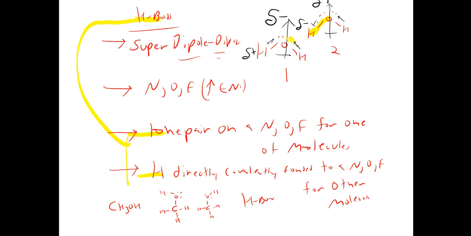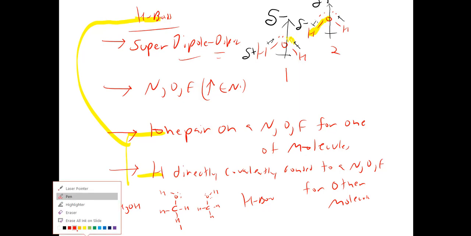And on the first molecule, you'll have a lone pair on the oxygen, which completes criteria number 1. And then on the second one, you'll have a hydrogen on there.